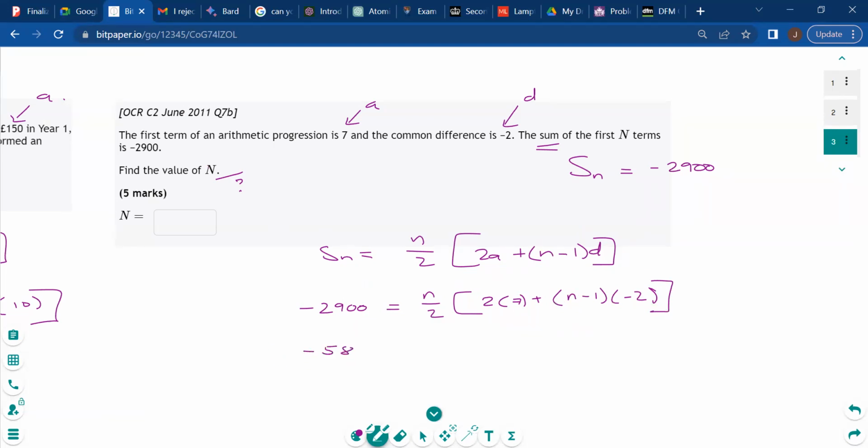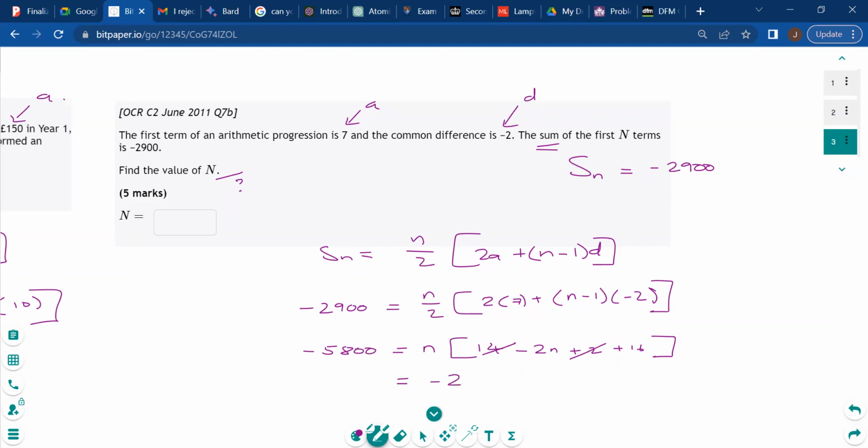So minus 5,800 is n times the bracket. And now we've got 14 in there. So n times minus 2 is minus 2n. Minus 1 times minus 2 is plus 2. So I'm going to write it like that. Okay. I'm now going to expand out the bracket in the next line.